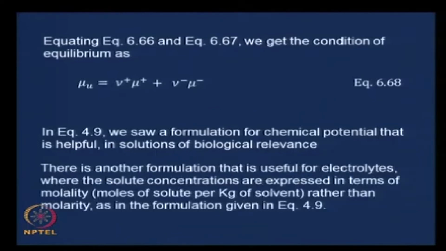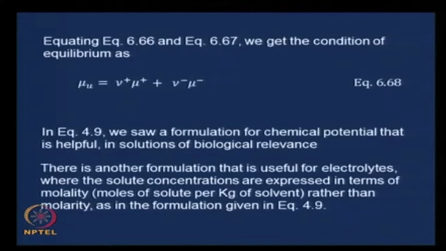Similarly, there is another formulation that is used for electrolytes, where the solute concentrations are expressed in terms of molality, instead of molarity, which is moles of solute per kilogram of solvent. It is not moles of solute per volume of the solvent, it is moles of solute per unit mass of the solvent rather than molarity. Molarity, of course, you know, is moles of the solute per liter of the solution, whereas here it is moles of the solute per kilogram of the solvent.